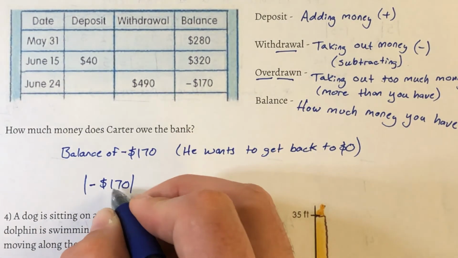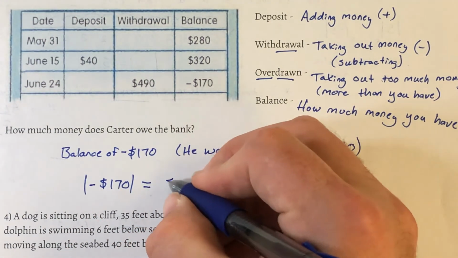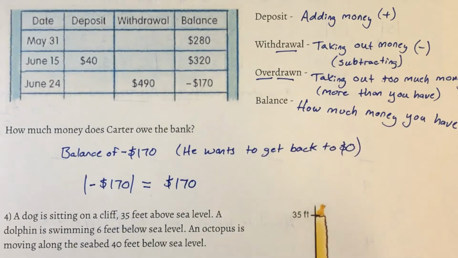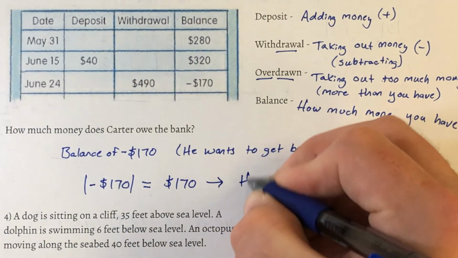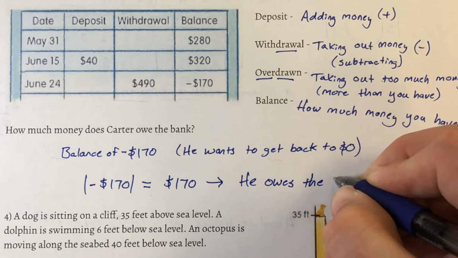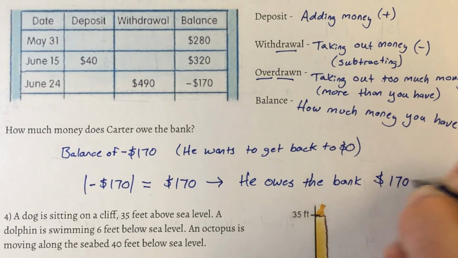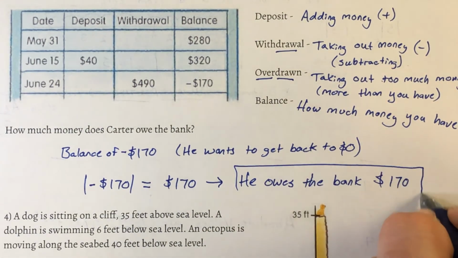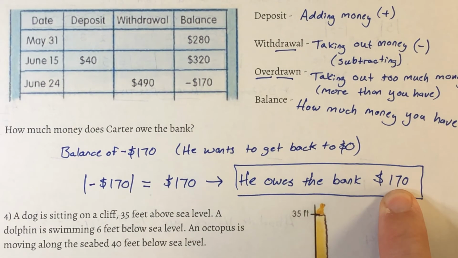Well, how far is negative $170 from 0? It would be 170 away. So, in other words, he owes the bank $170. Notice we're not saying he owes negative 170.